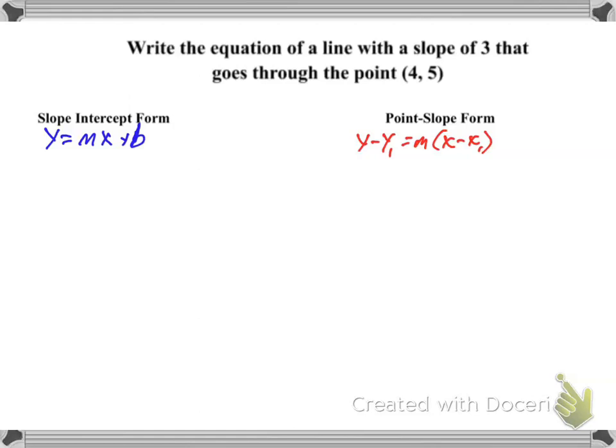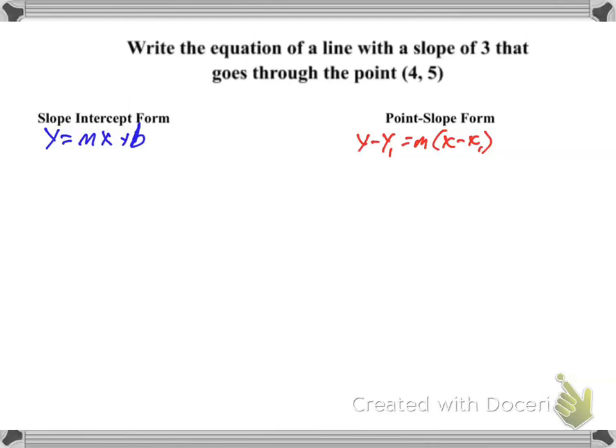All right. So if we want to do this with slope-intercept form, I know my m is your slope. That's 3 right there. Okay. So now I've got to figure out what b is. What is my y-intercept? Because they didn't tell me that. So what we do is we plug in our slope, we plug in our x, we plug in our y into this equation.